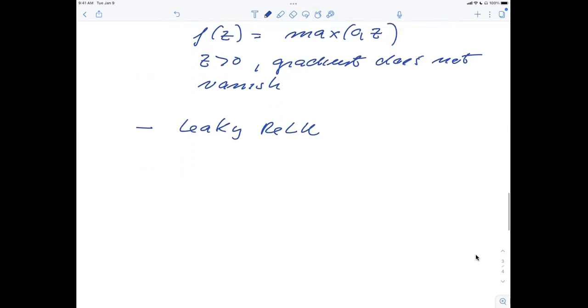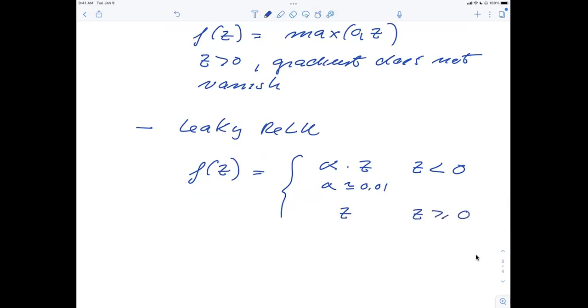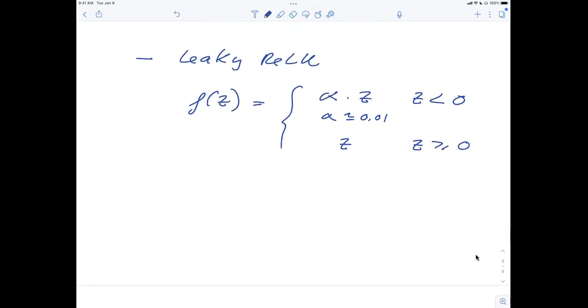So the leaky ReLU is now a function f of z, which is given by a parameter we want to tune, alpha times z for z less than 0. And typically this parameter alpha can be something like 0.01, so it's a small value, but it gives you a gradient which is different from 0. And when z is larger than 0, it's simply equal to z. That's the so-called leaky ReLU.